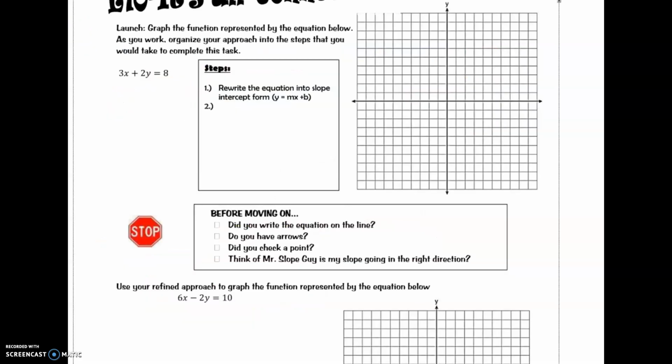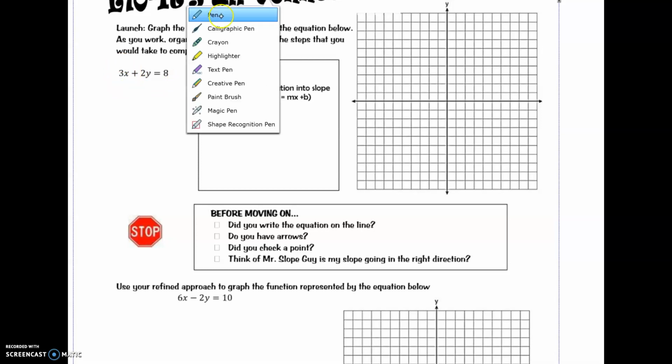Now that we're done remembering things that we've done in the past that will help us for this lesson, we're going to start with the equation 3x plus 2y equals 8. The first thing we're going to do is rewrite this equation in slope-intercept form. In order to do that, I'm first going to identify the fact that I have to move 3x to the right side.